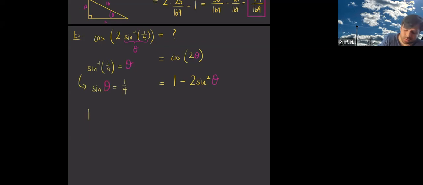Use a right triangle if you need it. What is the right triangle going to be? Theta, right angle. Opposite is 1, hypotenuse is 4. And what's the missing side to this?